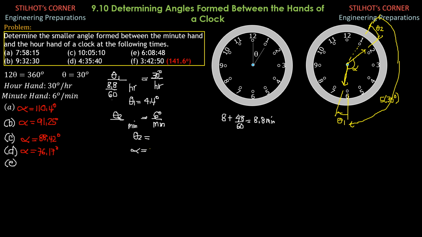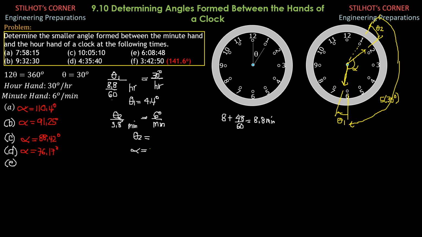Then theta 2 in minutes is, because this is already 5, 8.8 minus 5 is 3.8 minutes.